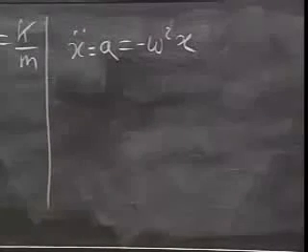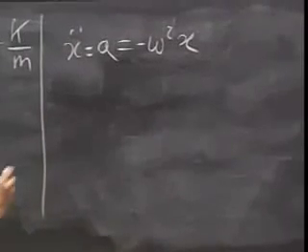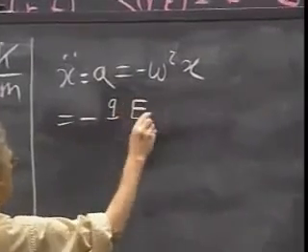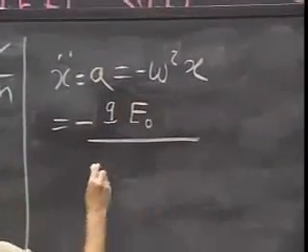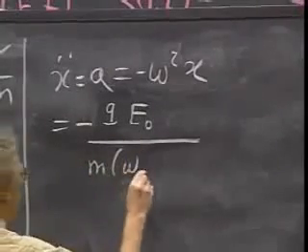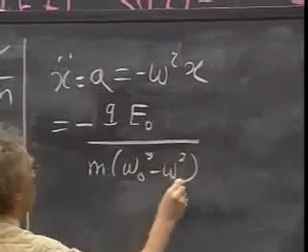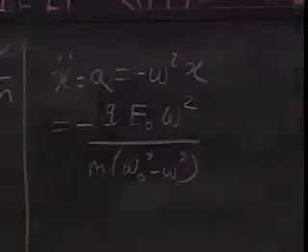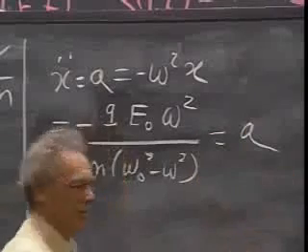You've seen that before. And so that then becomes minus q E0 divided by m, omega 0 squared minus omega squared, and then I get upstairs an omega squared. And that is the acceleration of this electron.